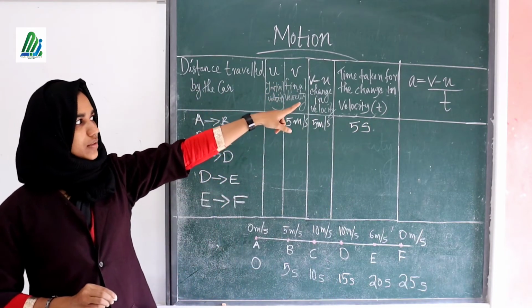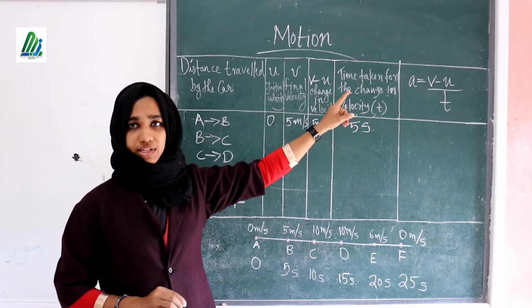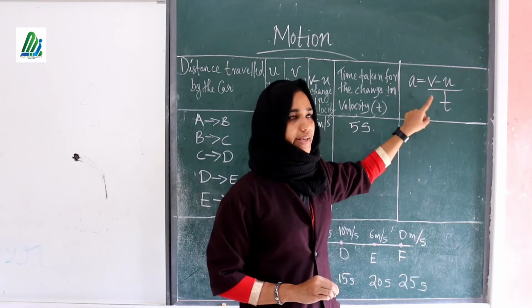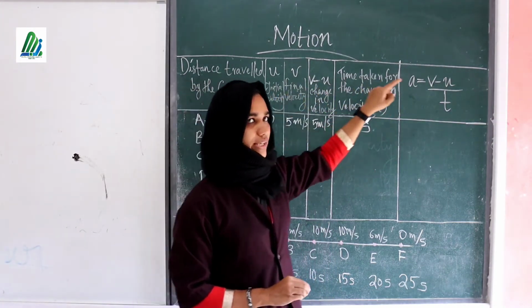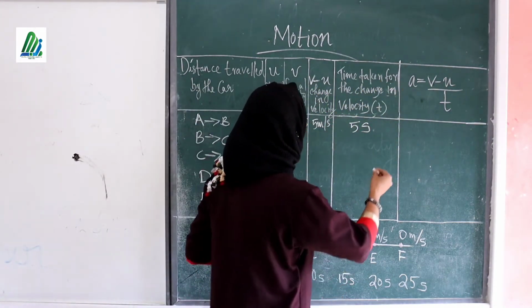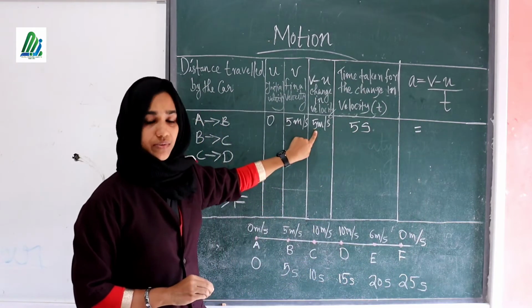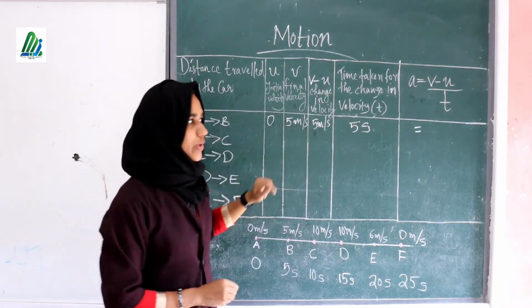Then acceleration is the rate of change of velocity, so a is equal to v minus u by t. You can substitute these values. Here v minus u we got as 5 meter per second, divided by the time, 5 seconds.